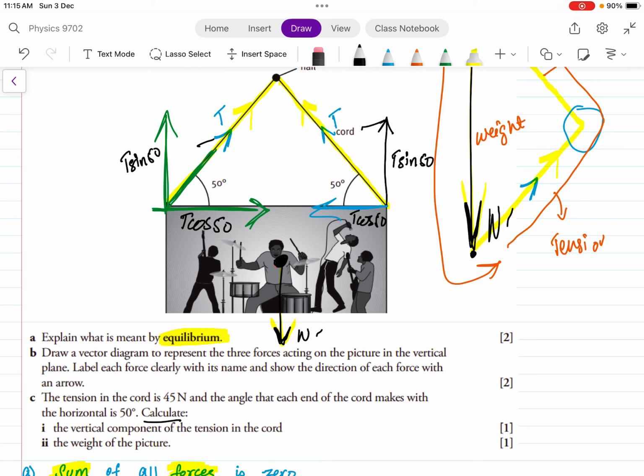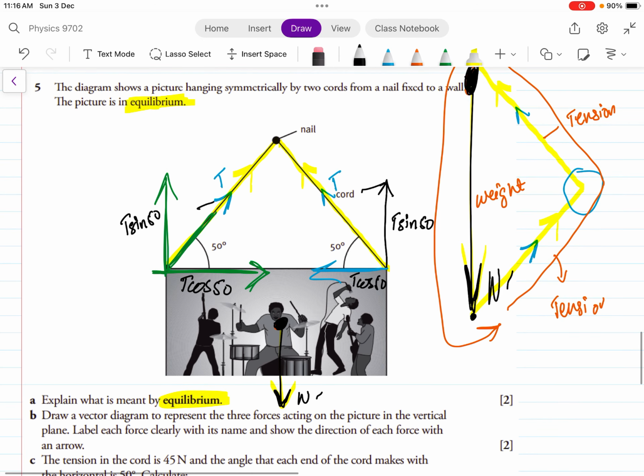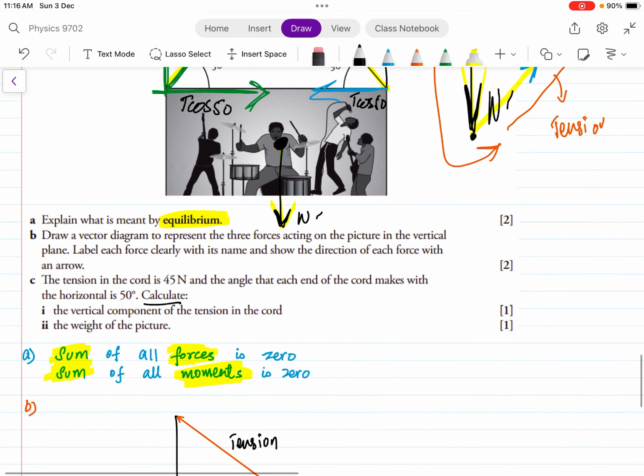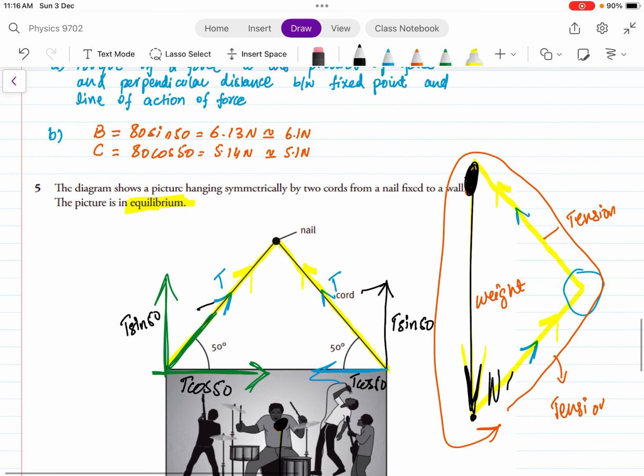All right, what I need to find? I need to find the vertical component of the tension in the cord. So vertical component of tension in the cord means what? Yes, tension is given to us as 45 newtons. So vertical component is what?